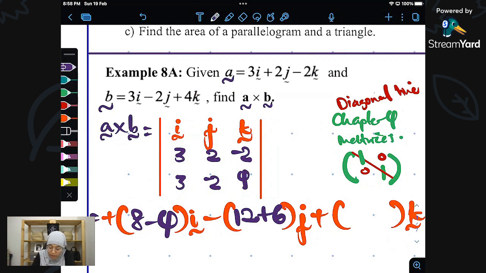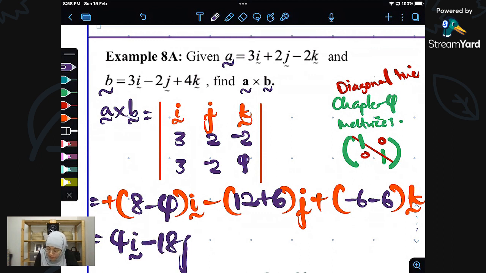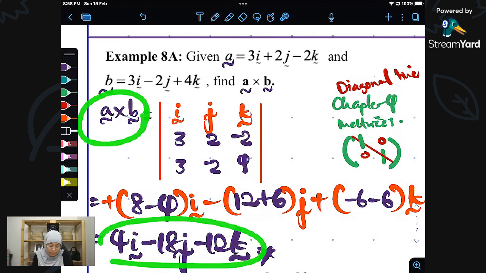So slowly, this is negative 6 minus 6. Okay, and therefore the answer is positive I minus 18J and then minus 12K. So that is your A cross B answers.